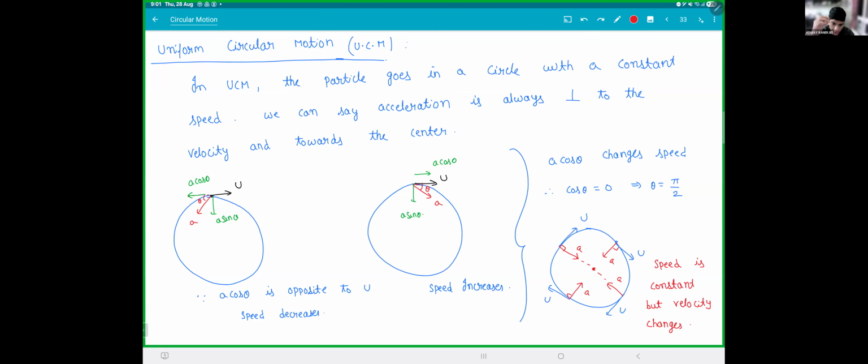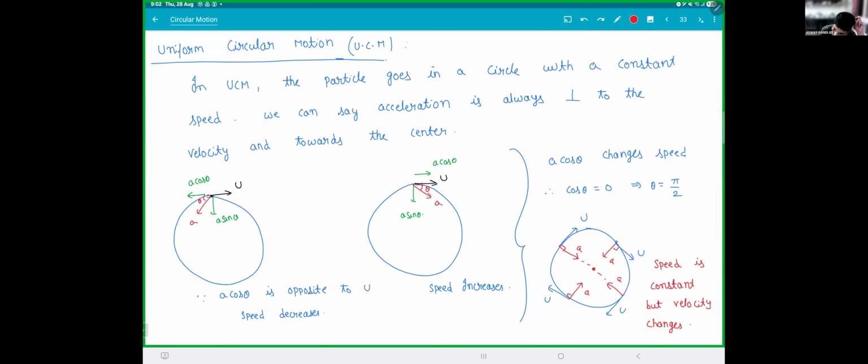Sir, did you say that when the speed changes, there has to be an acceleration compulsorily? Yeah, I didn't say that, but yes. If speed changes, there should be an acceleration. If speed changes, velocity changes.